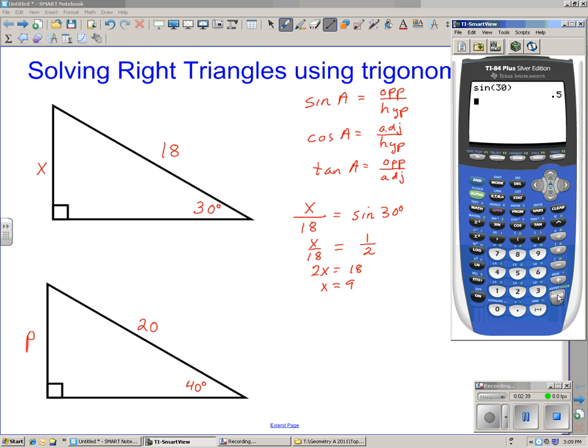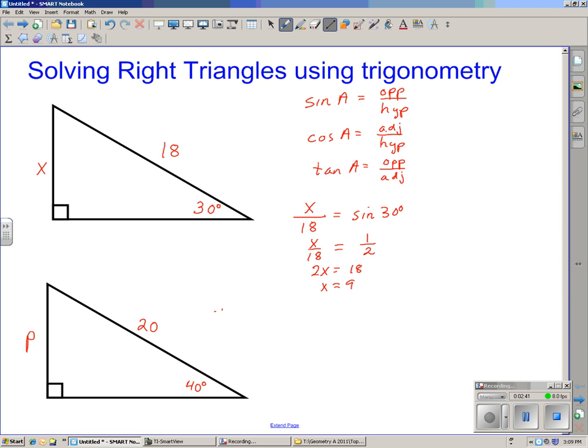So let's go back to this other triangle. Every triangle likes to think that it's special, and this one's not quite as special as others. Let me say, now I'm looking at this triangle, I'm trying to figure out how I'm going to do this.